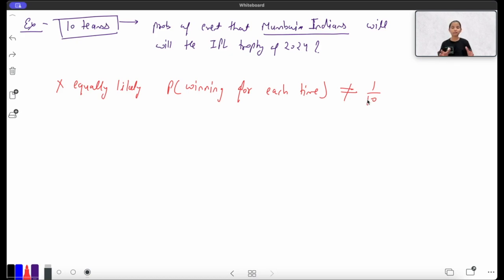Like there is an IPL, so you always have some prior knowledge in your mind that this is a strong team, this is a weak team, right? You have that knowledge in your mind, so the probability is not the same for each of them.